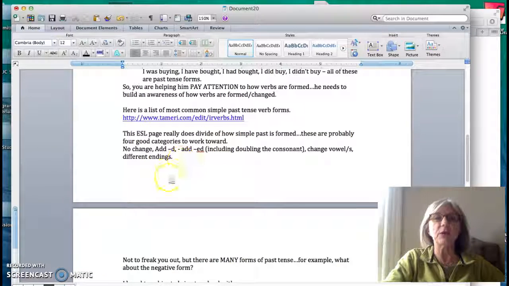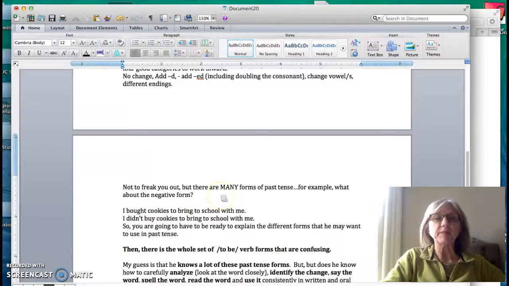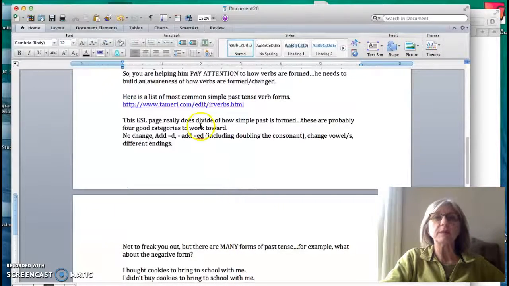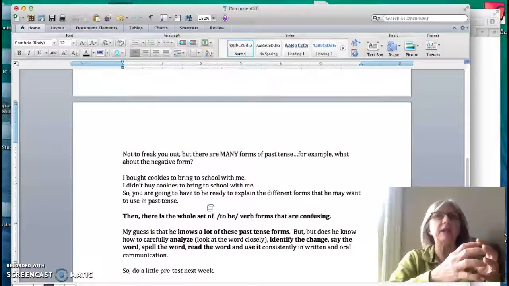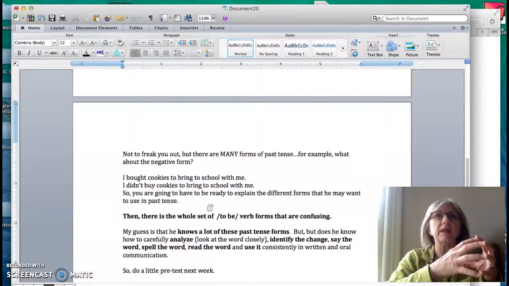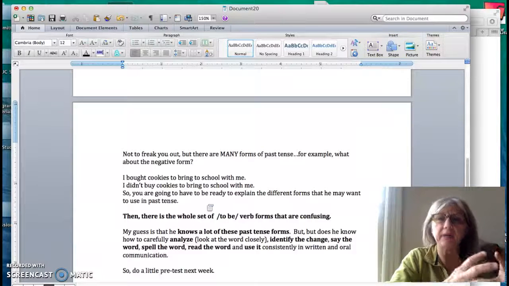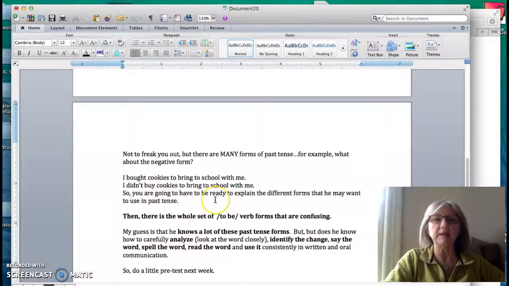And so maybe you draw from that. And then the ESL page that I refer you to talks about those categories. And it does help to think in categories because that has to do with analyzing and understanding some patterns. He has to see some of the patterns.